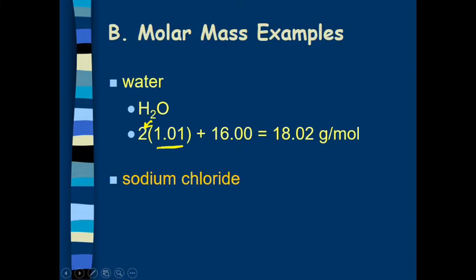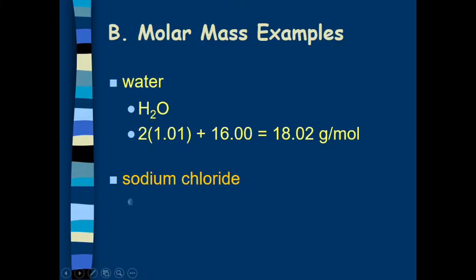You only have 1 oxygen, so notice we didn't put a 1 out front because 1 times 16, which is its mass from the periodic table, is still 16. When you add those up, you get 18.02. So if you had a mole's worth of water, roughly 18.02 grams would be its mass, and knowing the density of water, that is roughly 18 milliliters of water.